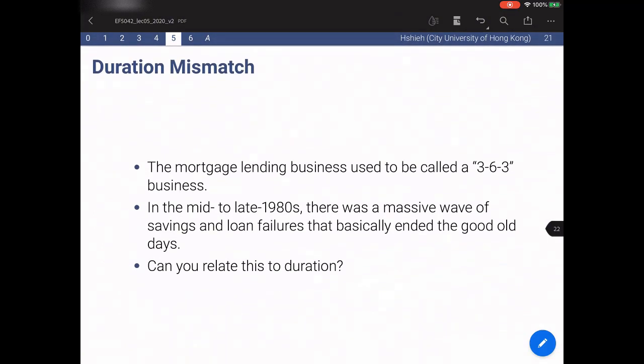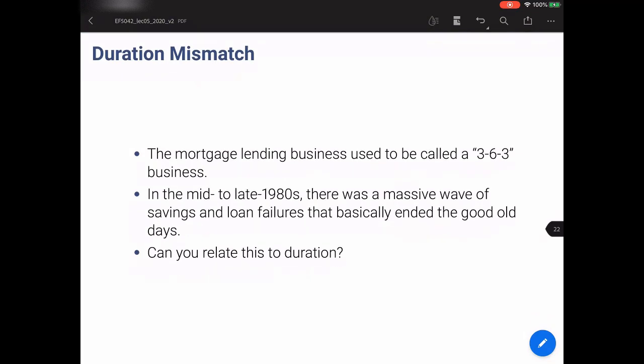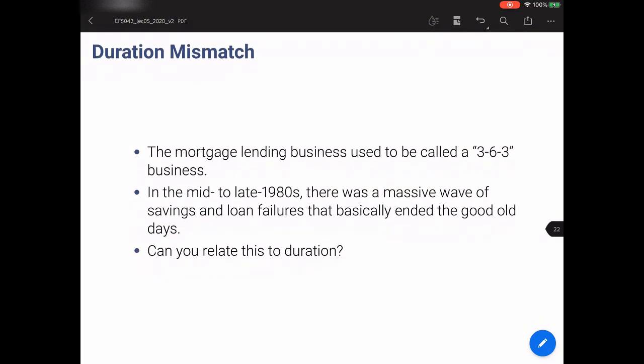All right, so we will conclude our discussion on duration with a brief historical discussion on mortgage lending during the 1980s. And if you've studied financial history before, you'll know that there was an economic collapse in the mid to late 1980s, which was related to duration mismatch. Duration mismatch just means that your cash flow payments do not offset each other.